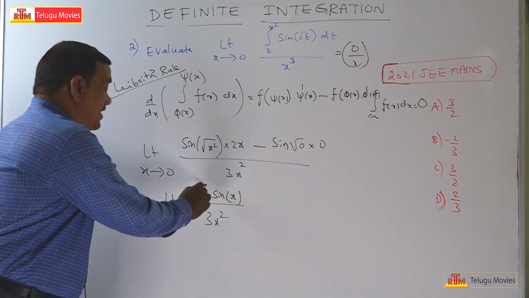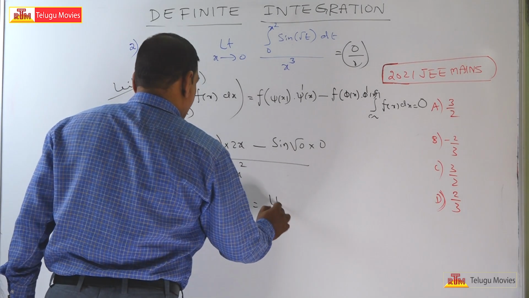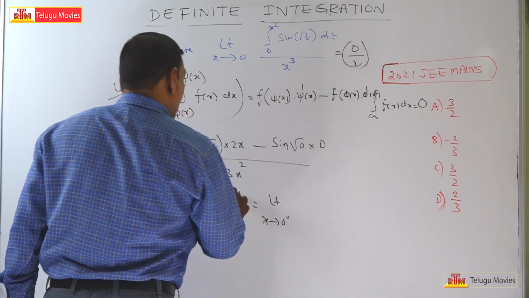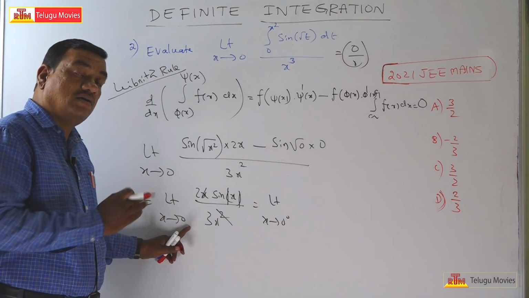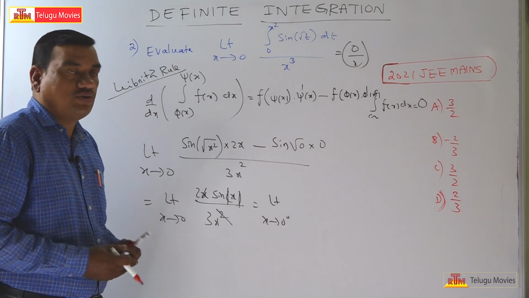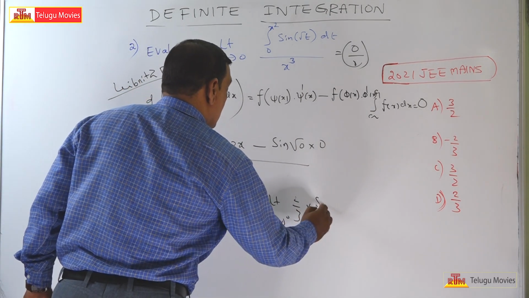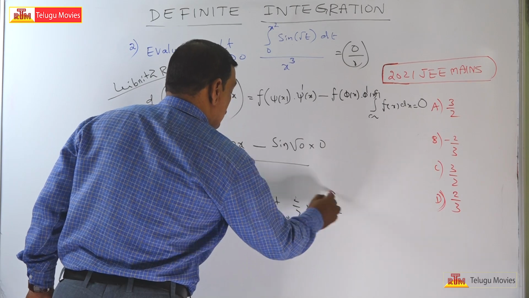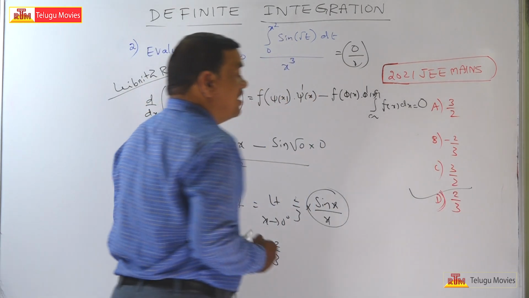Here one x will get cancelled. So this is equal to the limit x tends to 0. Even though you put modulus of x, no problem, because for left hand side limit and right hand side limit, modulus of x is equal to x only. So this is equal to 2 by 3 times sin x by x. This value is 1, so 2 upon 3 is the correct answer.